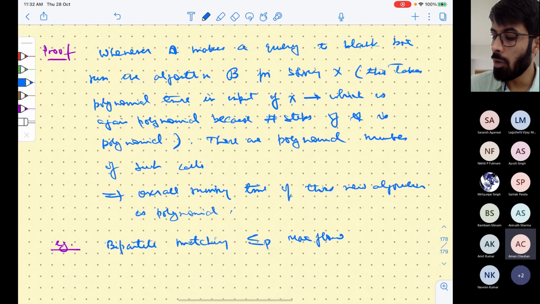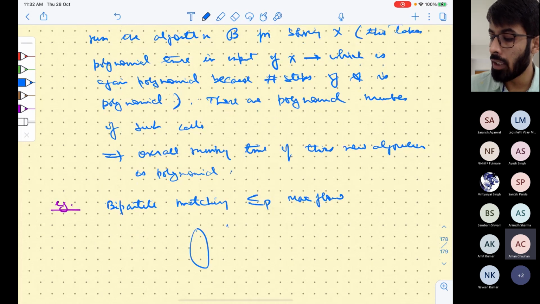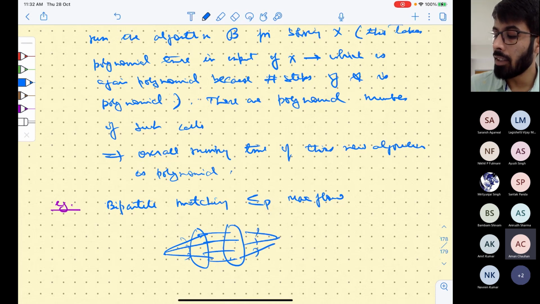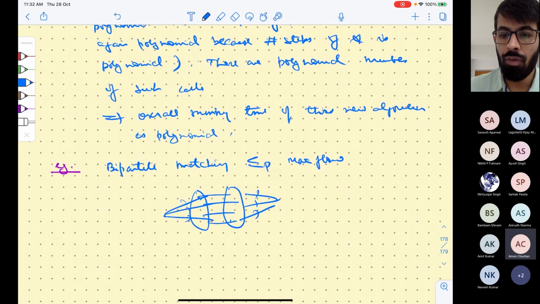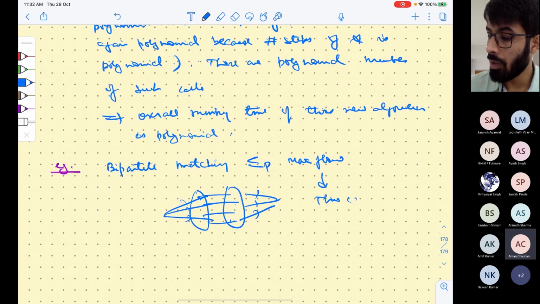Because what did we do for bipartite matching? We took this bipartite graph, then we made an instance of max flow, and we answered something depending on what the output of max flow was. And this can be solved in polynomial time. So bipartite matching can be solved in polynomial time.